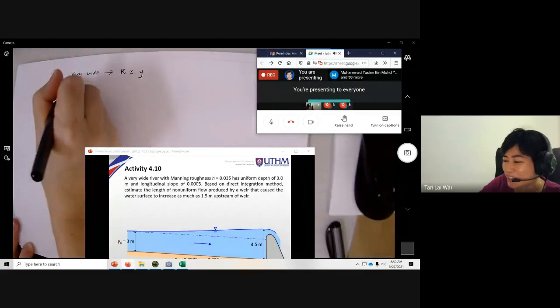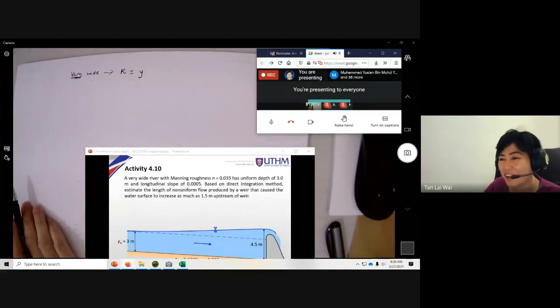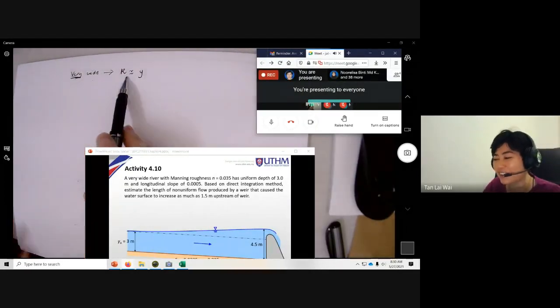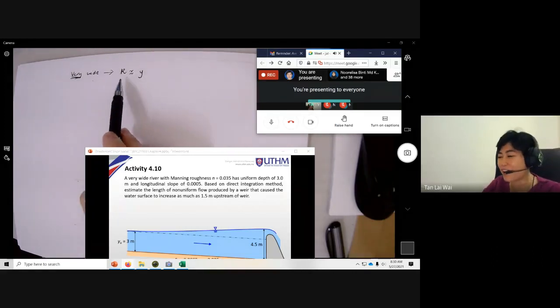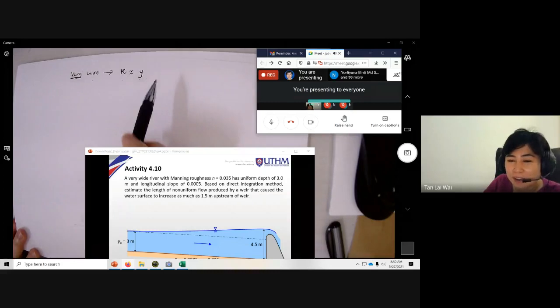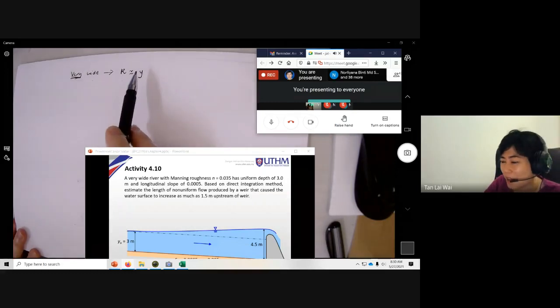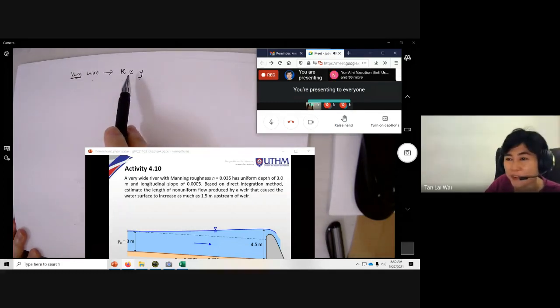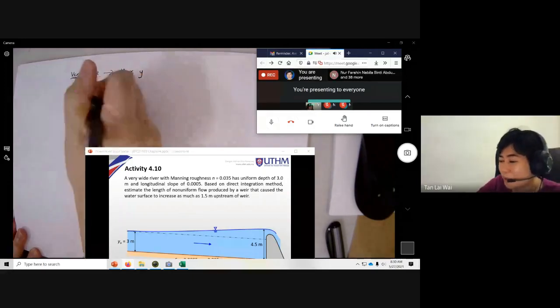When it says very wide, you can simplify R into Y. So when you read through the first line, R is equal to Y. Then what else do you have?